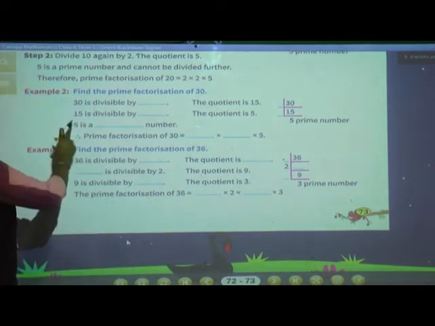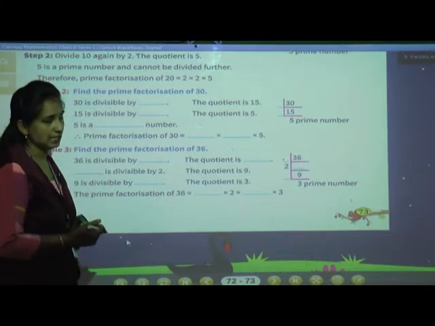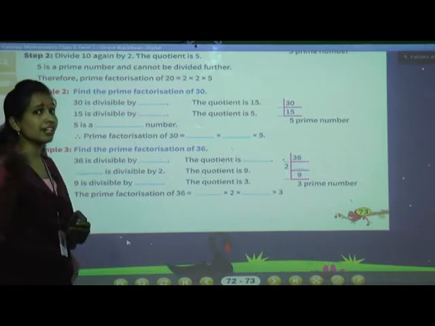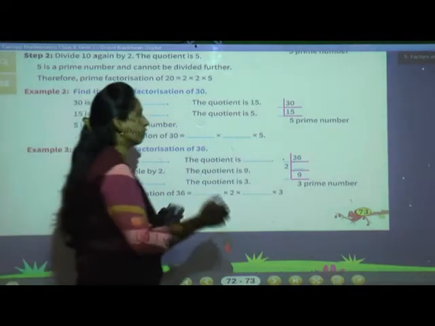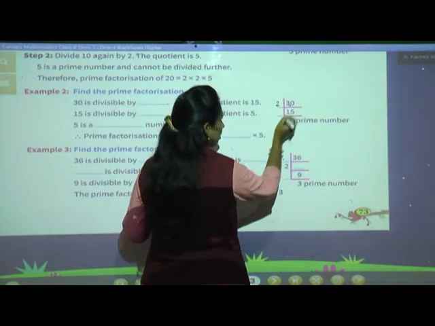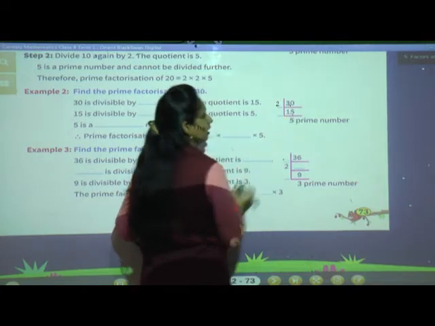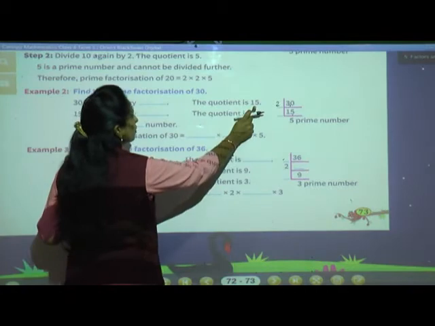What is step 1? First start with the lowest prime number, 2. Can we divide? Yes, we can. 2 1s are 2, so 1 will remain here. Then 2 5s are 10. So the quotient is 15.